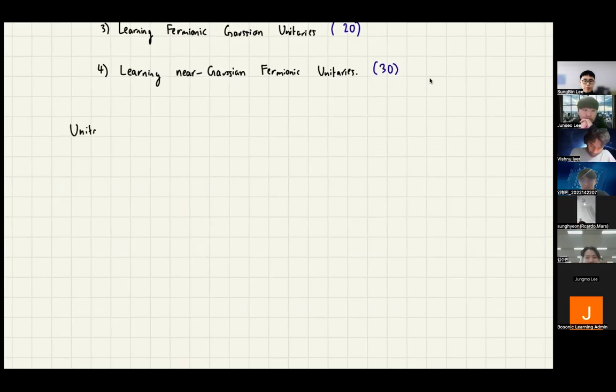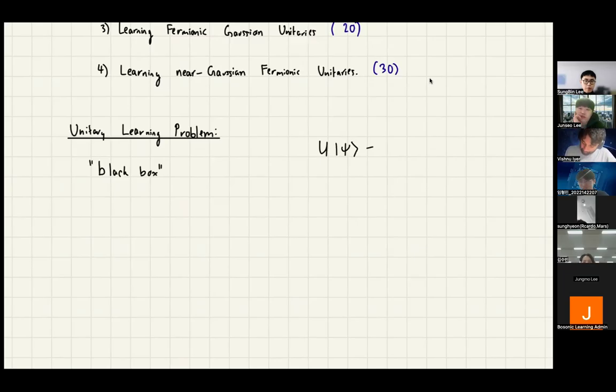The unitary learning problem, for the purposes of this lecture, we'll consider a black box unitary learning problem. What this means is we're going to have some access to some unitary operator. And recall that a unitary operator sends some quantum state psi to some quantum state phi.